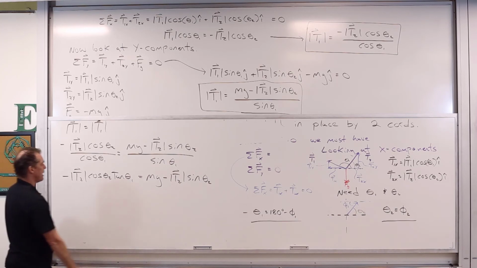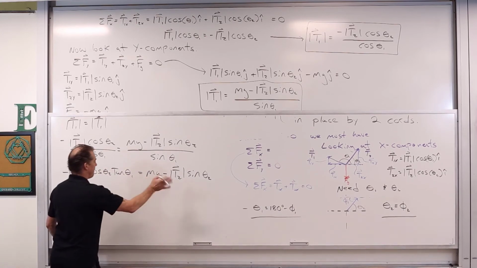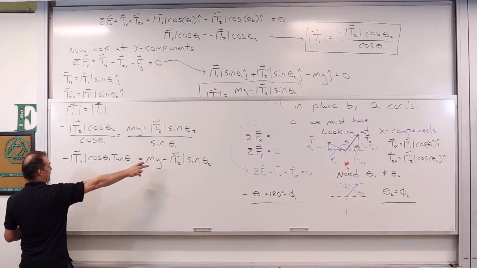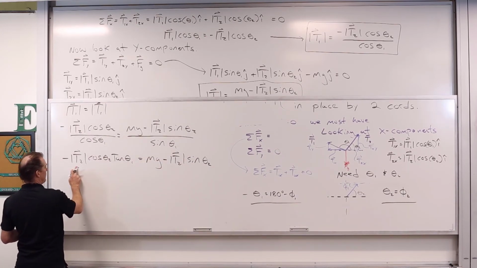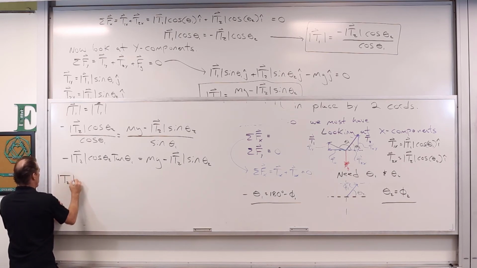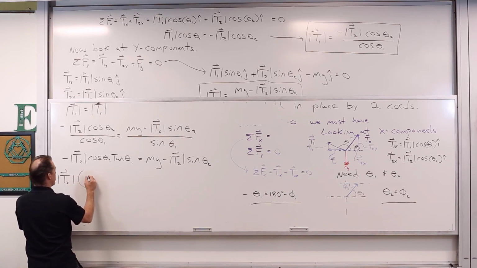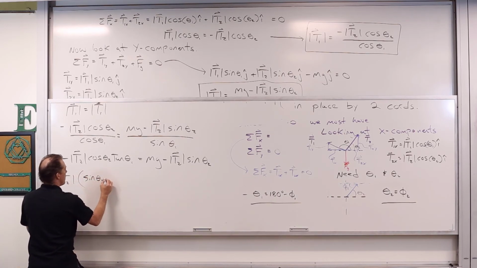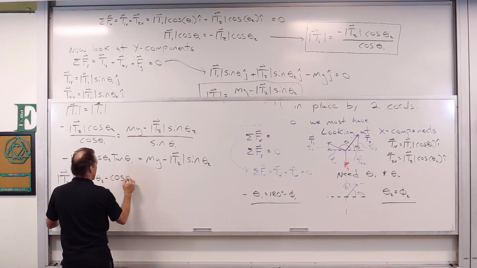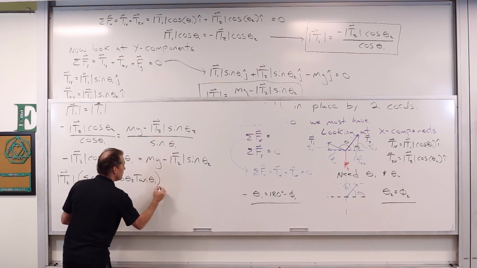Let's just go ahead and take this term over onto this side, and then factor out the T2. So that term will be positive. This one's negative. So we will have ourselves a magnitude of T2 multiplied by sine of theta 2 minus cosine theta 2 times the tangent of theta 1.